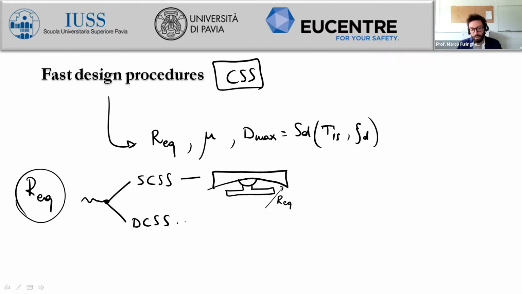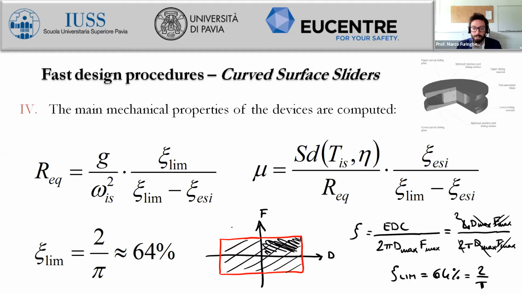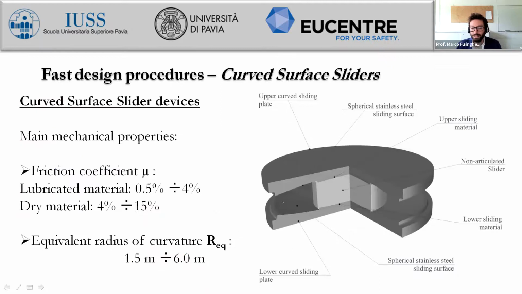If we have a double curved surface slider, or double concave, there are other names for such a typology, let's consider the prototype that we have seen in the previous slides. This is a double curved surface slider with a non-articulated slider. You see that this is a unit steel block, and both the surfaces have exactly the same radius of curvature.